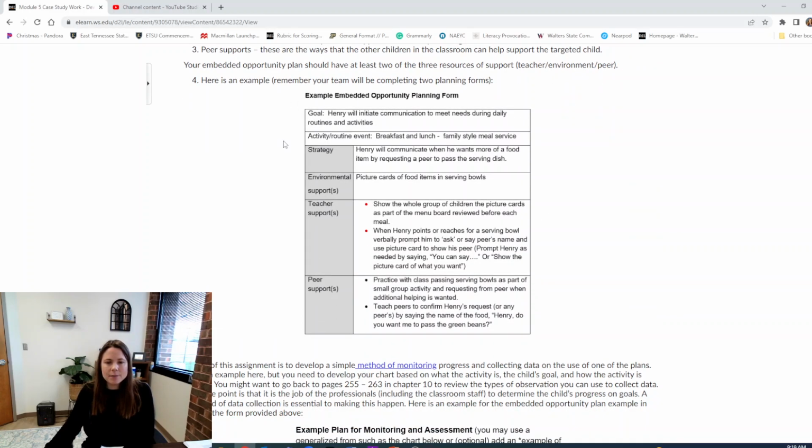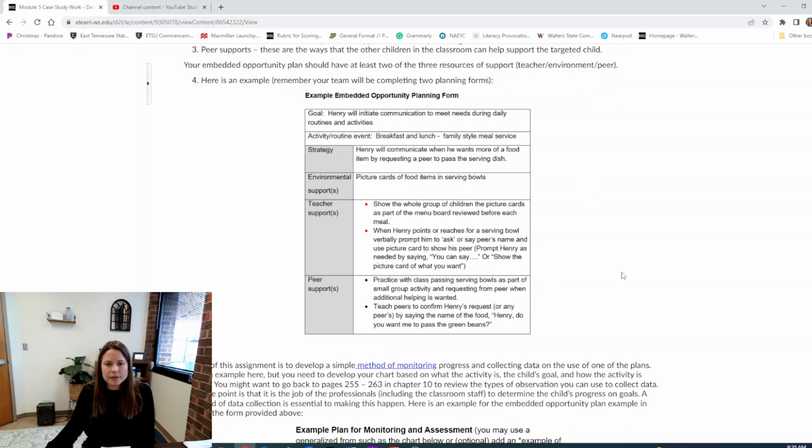Okay, so here's an example of what the planning form might look like. So here's Henry. He will initiate communication to meet needs during daily routines and activities. The activity routine event is going to be breakfast and lunch, family-style meal service. The strategy is Henry will communicate when he wants more of a food item by requesting a peer to pass the serving dish. Then the supports are listed. Okay, so you'll see they actually listed all 3 supports. So how do they support the student environmentally? Well, there were picture cards of food items and serving bowls, so that was listed around the area.